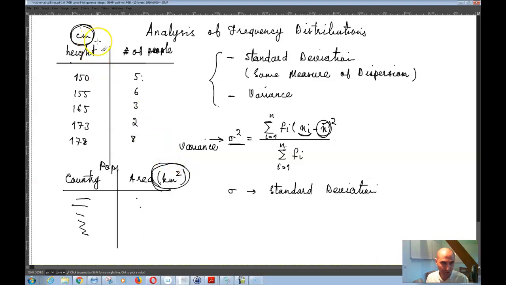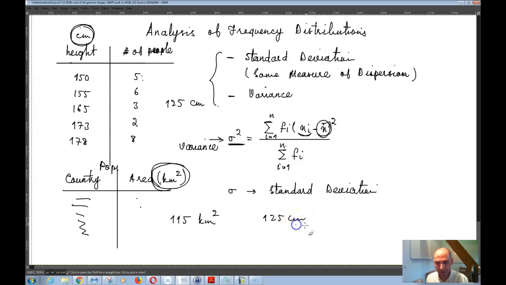So for example, this dispersion tells me that the dispersion is 125 centimeters, and over here, using the same formula, it tells me that the variance is 115 square kilometers. Now you have 115 square kilometers and you have 125 centimeters.